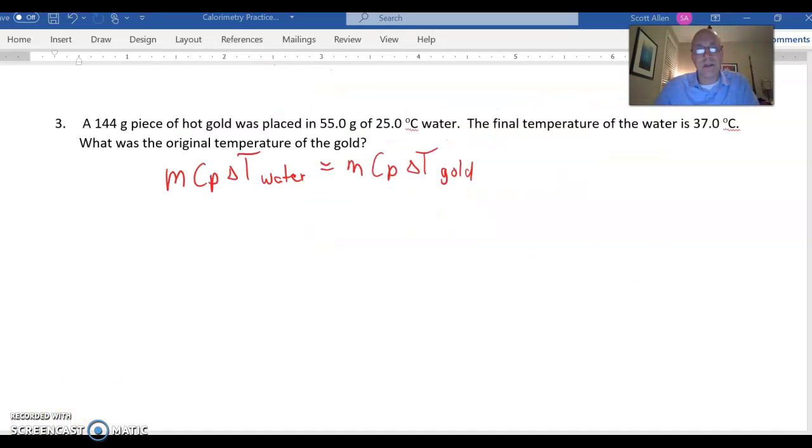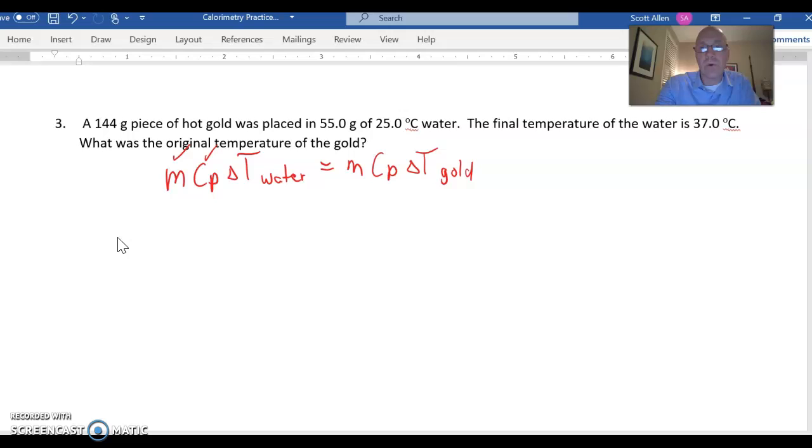Okay, we have here that the m Cp delta T of the water equals the m Cp delta T of the gold, because that's the other substance that we're dealing with here. So do we know the mass of the water? We do have that. It's going to be 55.0 grams. We know the specific heat of water.